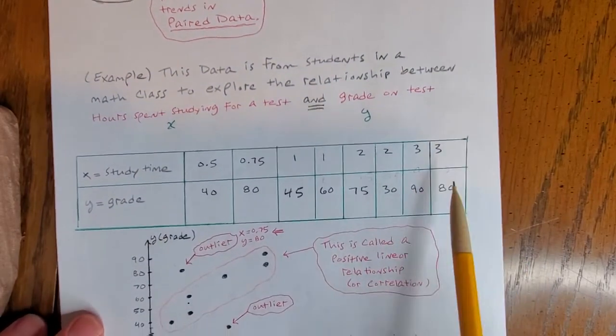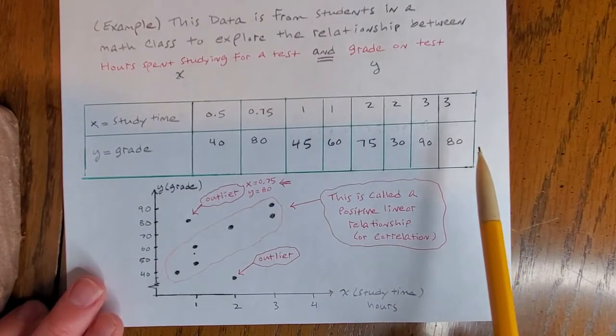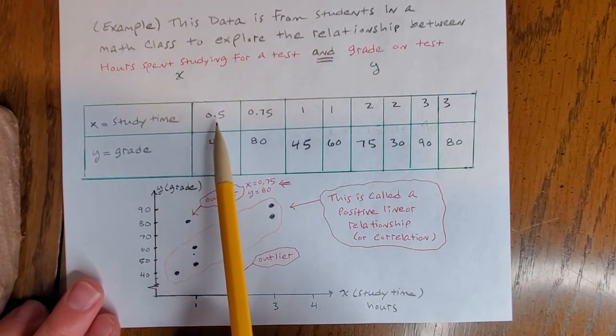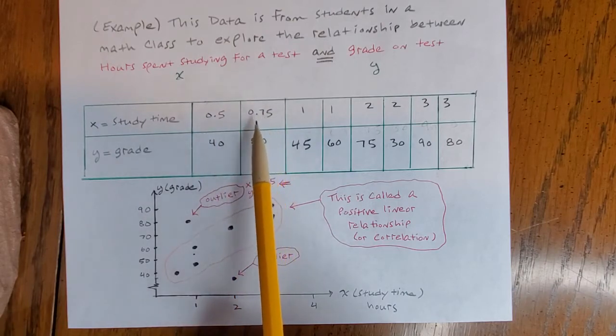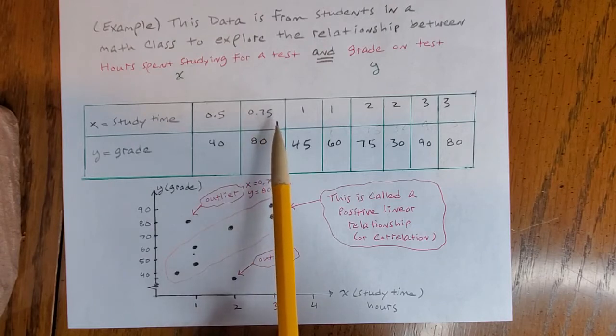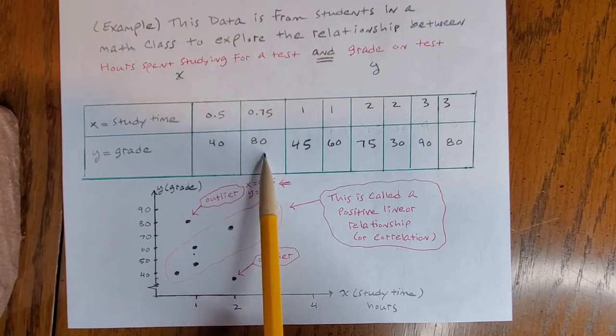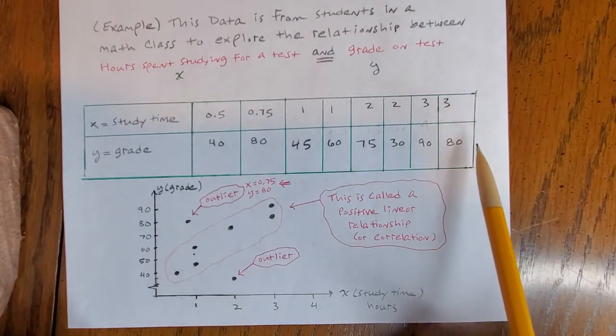Now, here's our paired data for a selection of students in a class. This student studied 0.5 hours, half an hour, and got a 40. This student studied 0.75 hours, which would be 45 minutes, and got a 60. The student studied 3 hours, got an 80.